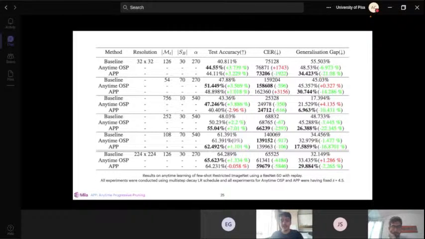But we do see, as clearly stated in our previous slides, that the generalization gap consistently becomes lower when you use APP as compared to baseline or OSP. And recall again that APP and OSP are at nearly 30% parametric complexity of the full baseline. And we have the same SNP as the pruning algorithm of choice for all these results.